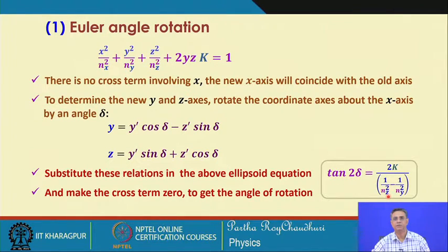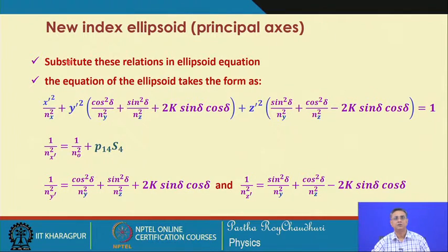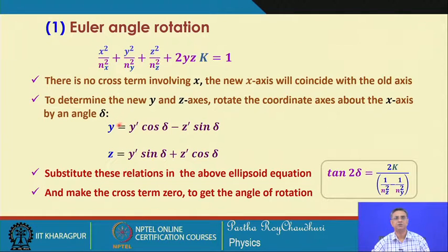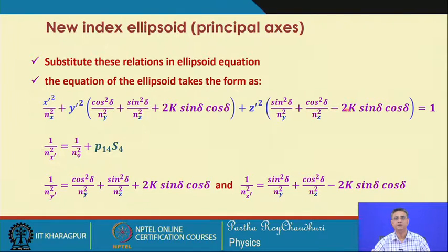which will be provided by this. So, this is 1 by n z square minus 1 by n y square. After substituting this in the equation, the new equation will be of this form, because you have replaced y by this and z by this. From here you can see that n x dash square does not undergo any change apart from the one which was because of the change in the semi axis length of the ellipsoid along x.